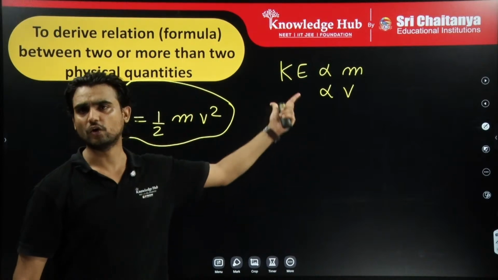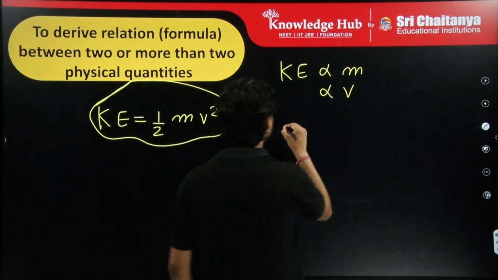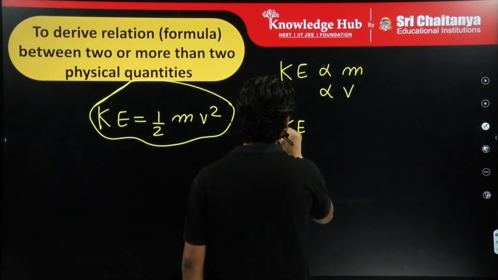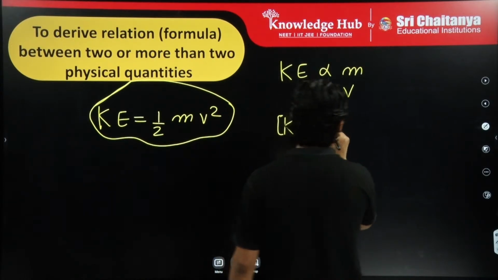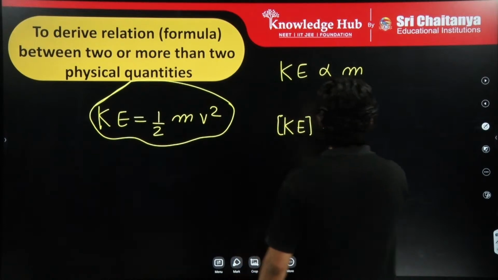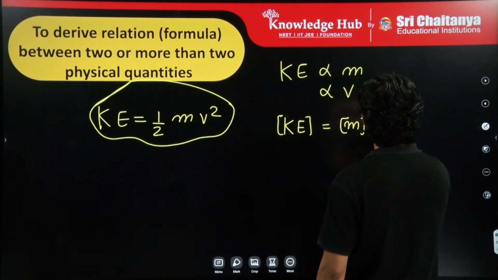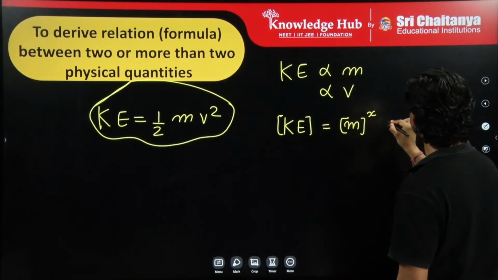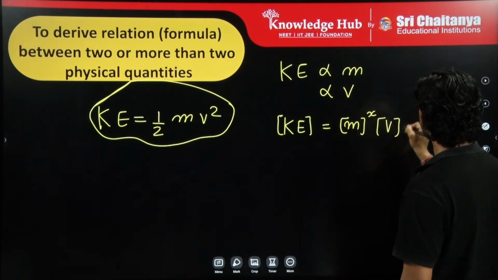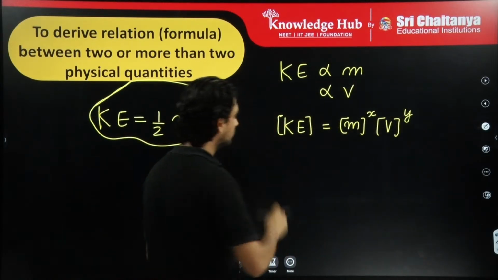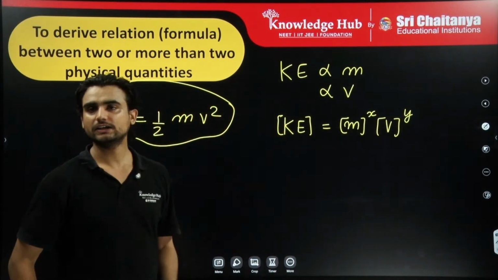Now if I want to derive a formula between them, I will say that the dimension of kinetic energy is basically mass raised to something, let's say x, and v raised to y. I am just equating the dimensions. So what is the dimension for kinetic energy?